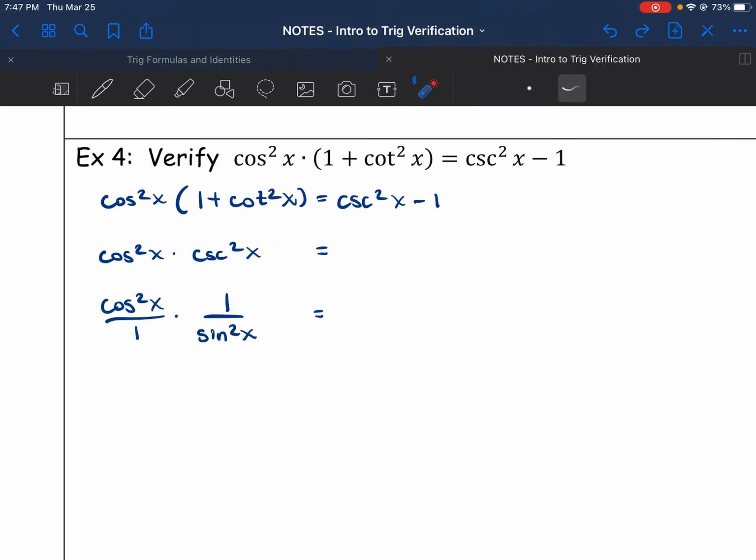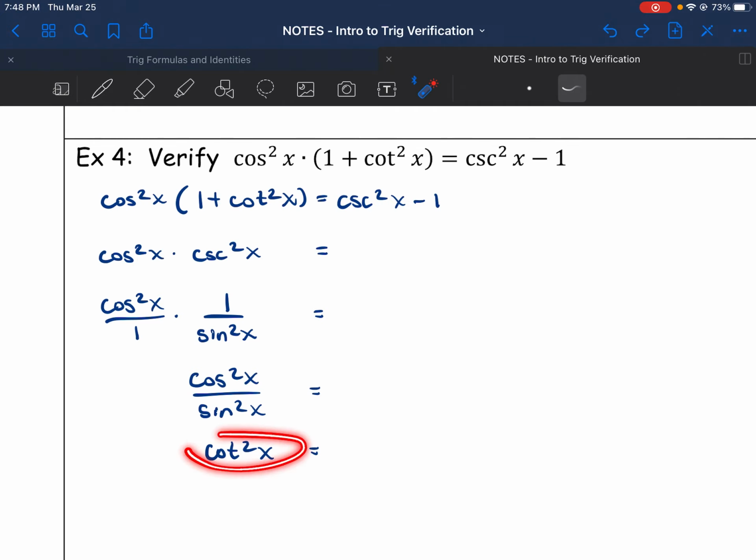Next, I'm going to turn things into sines and cosines. So cosine squared, I'm going to leave it as cosine squared of x over 1. Cosecant squared, I'm going to rewrite it as 1 over sine squared. Then, of course, we're going to multiply, so we're going to end up getting cosine squared of x over sine squared of x, which is equal to cotangent squared of x, because we know cosine over sine is cotangent. Now, remember, we're trying to get it to equal this, and you might be thinking, well, it looks like all we did was simplify it down to its most simplified state.